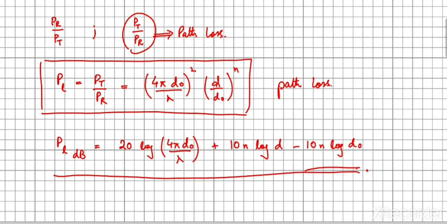Now, the next topic that we are going to talk about in today's lecture is antenna gain. At both ends of the communication link, at the transmit and the receive, we employ the transmit and receive antennas to transmit and to receive the electromagnetic waves.